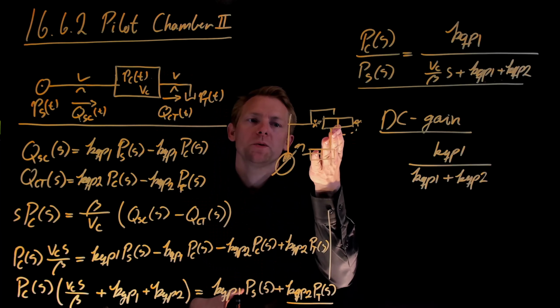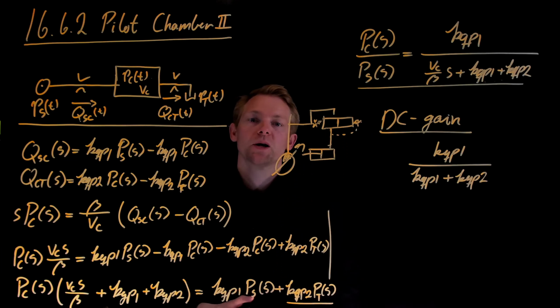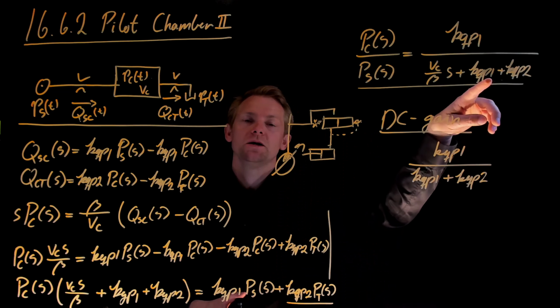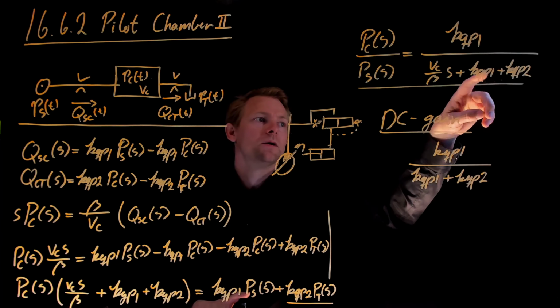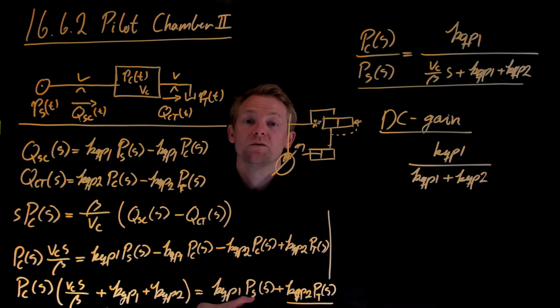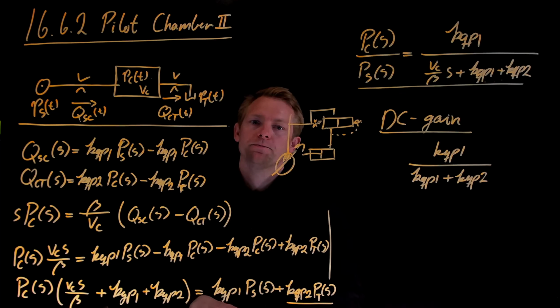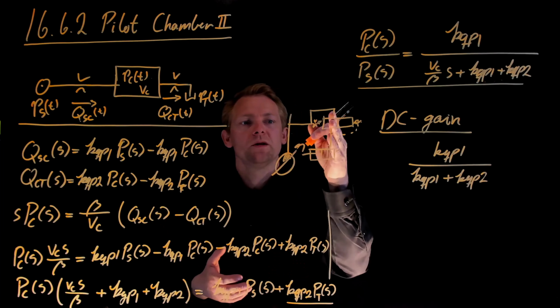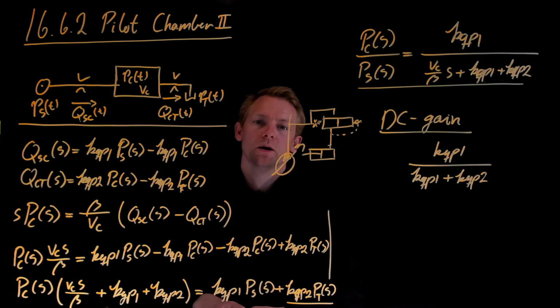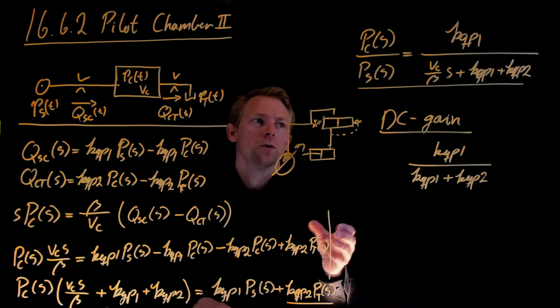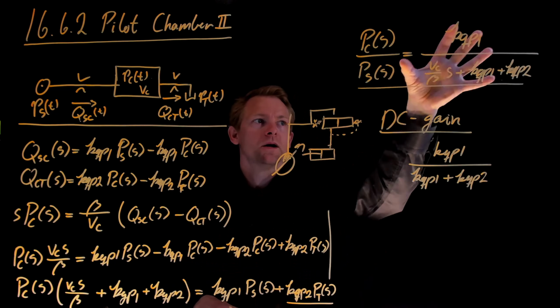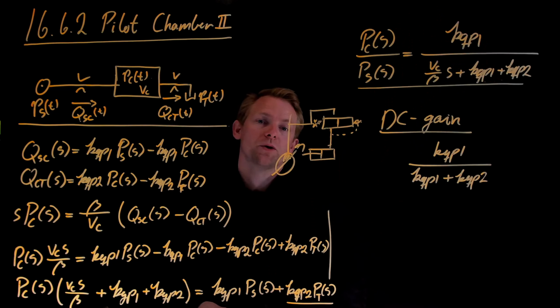And if we have some issues with this being unstable, it could be that the fix is to change the area of the small orifices that we have put into the system. So we have these kinds of systems all over in our hydraulic systems. When we want to stabilize and have a low pass filtering of a pressure in the system, this is the way that you can do it.